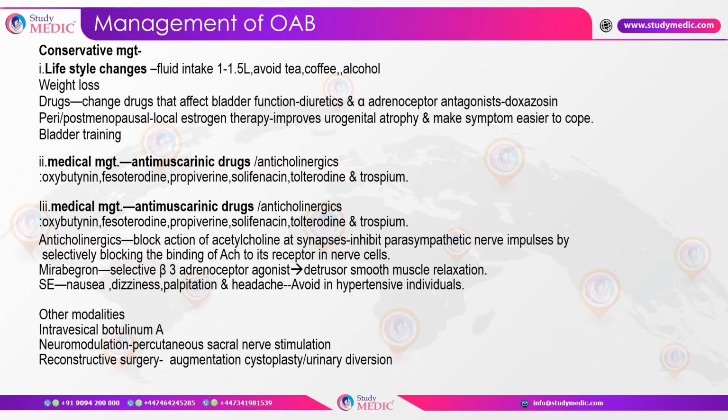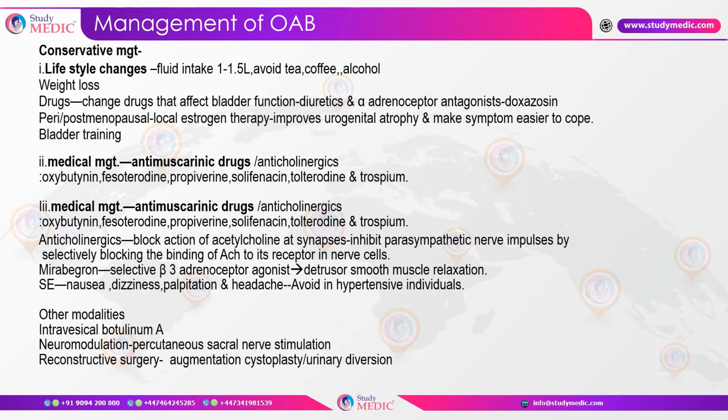If bladder training does not help the woman, the next line is medical management in the form of antimuscarinic drugs. Drugs that are commonly offered are oxybutynin, fesoterodine, propiverine, solifenacin, tolterodine and trospium. The commonest drug used is oxybutynin.